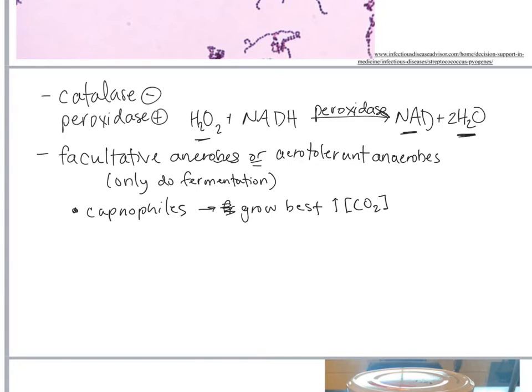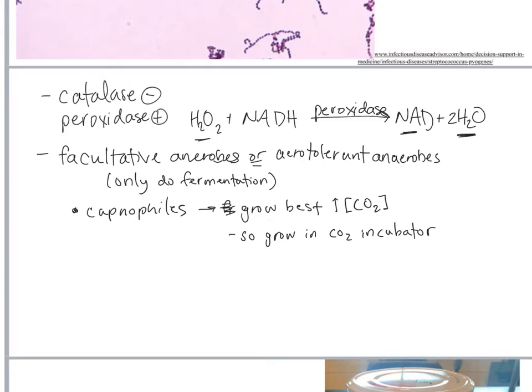Okay, so how do we provide a high carbon dioxide environment for our streps? So we could grow them in a CO2 incubator. And we actually have one of those over in the other lab. It's very small. It's big enough to put all our stock plates in it, but it's not big enough for all of our student plates.